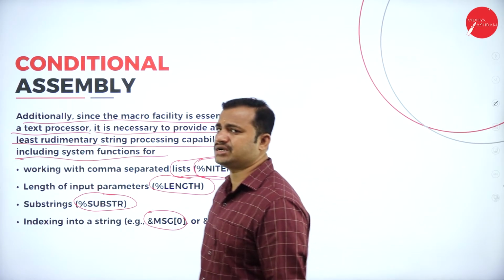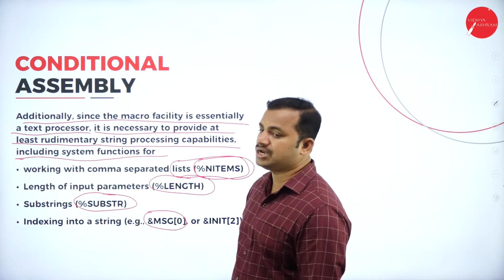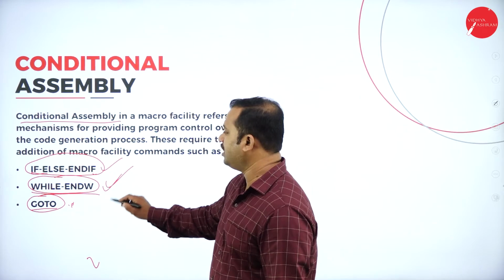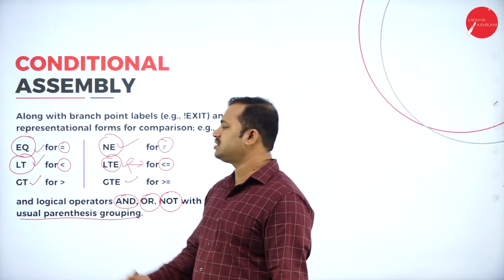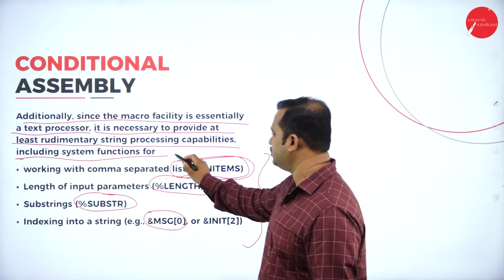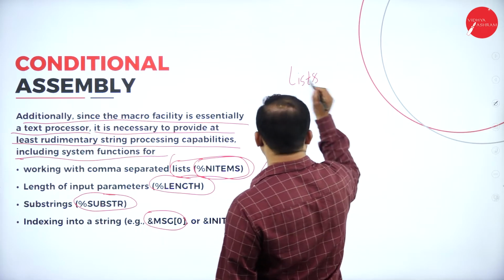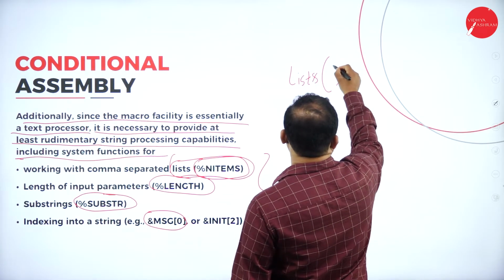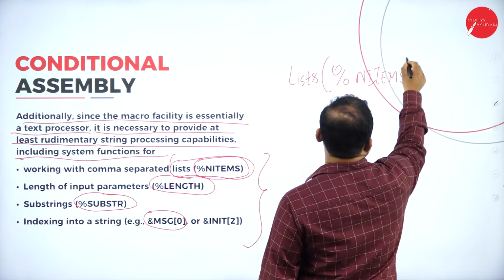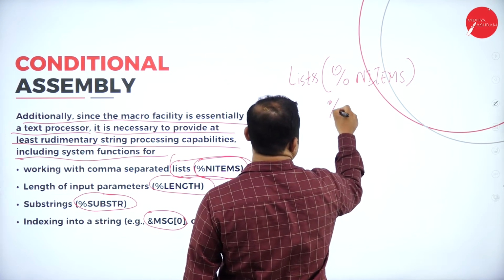So all these are certain types of information which work with conditional assembly. That is in case of the if statement, while loop, and go to. All these are a certain set of statements that are going to use this kind of information, that is, lists. For list type of operation, we have percentage n items. We have the next parameter, input parameters like modulus, length.